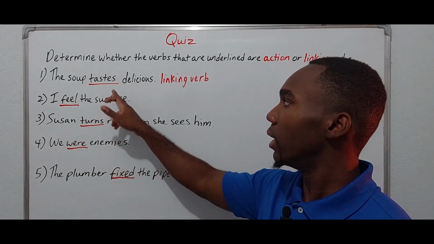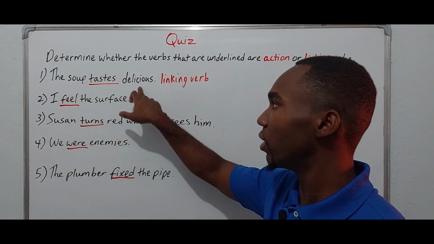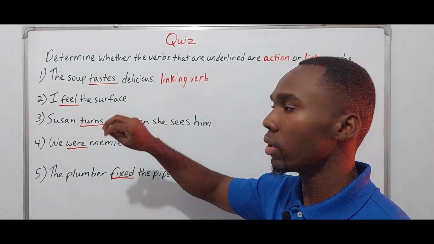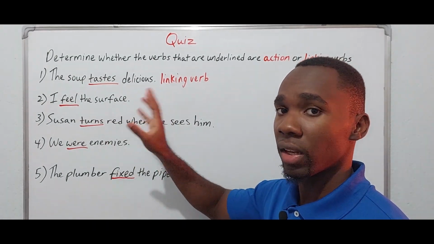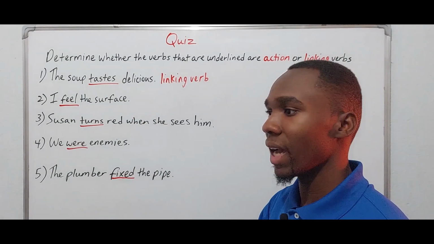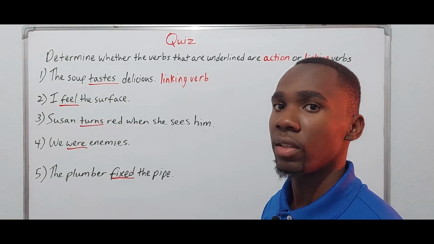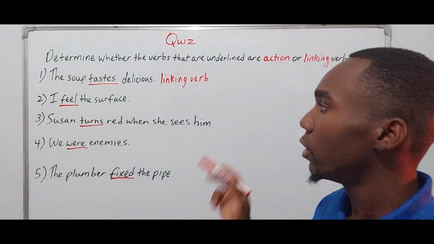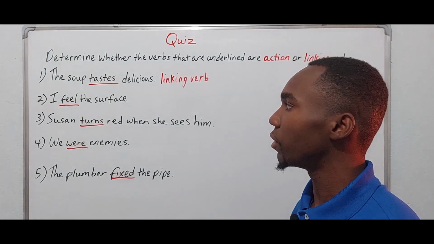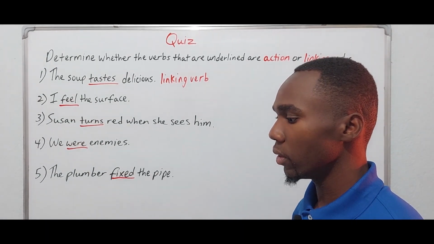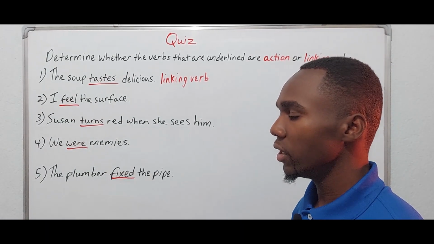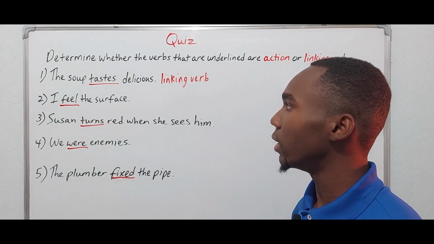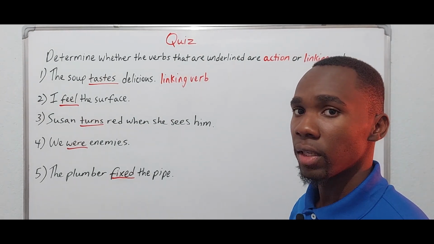This is linking the soup to additional information. And it's not describing an action. Because the soup can't taste, literally. So this is a linking verb. 2, I feel the surface. Feel is talking about an action, right?